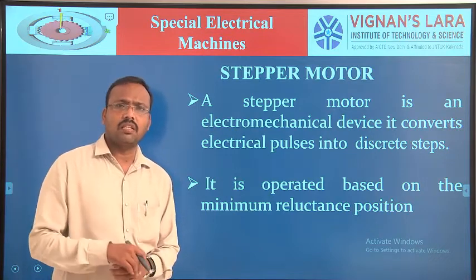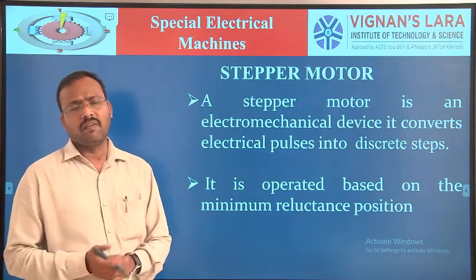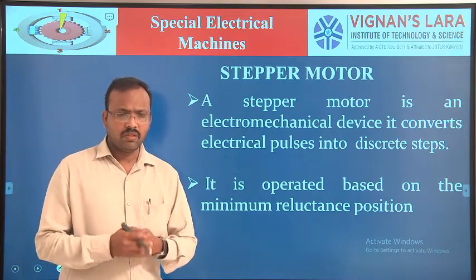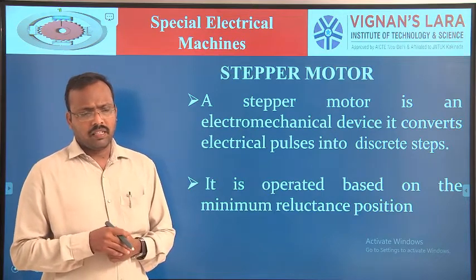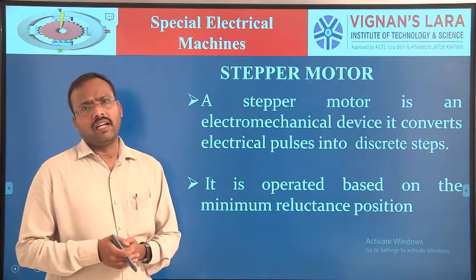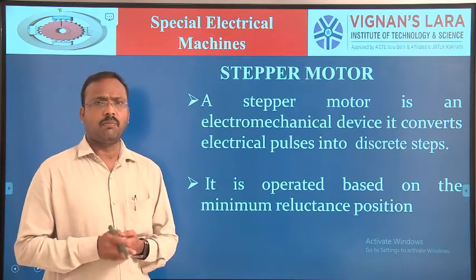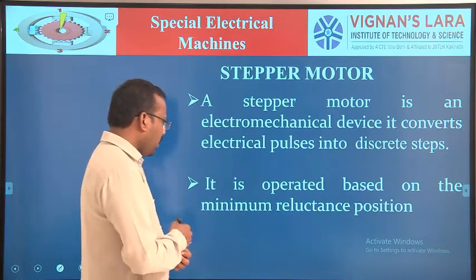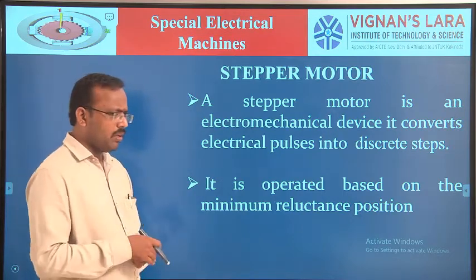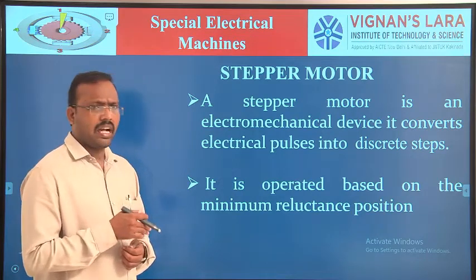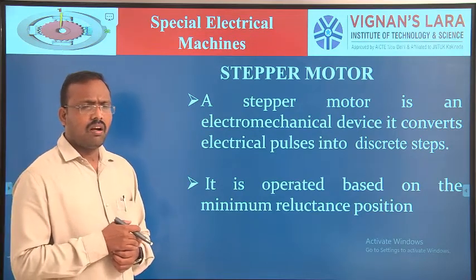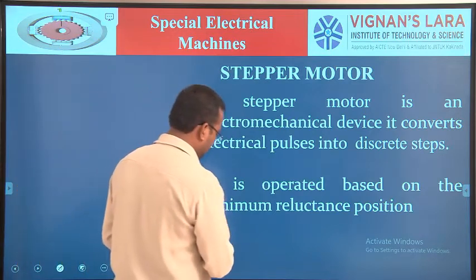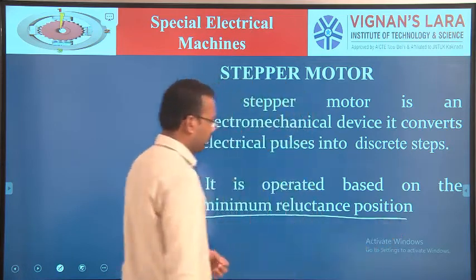The stepper motor is controlled by power semiconductor switches, which are used to energize the phase windings. All these stepper motors are a kind of variable reactance motor, working on the principle of minimum reactance position.